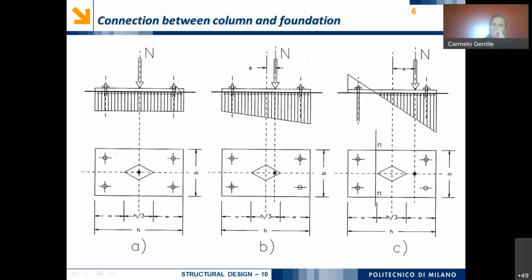Of course, the behavior of this kind of connection strongly depends on the eccentricity of the axial force.